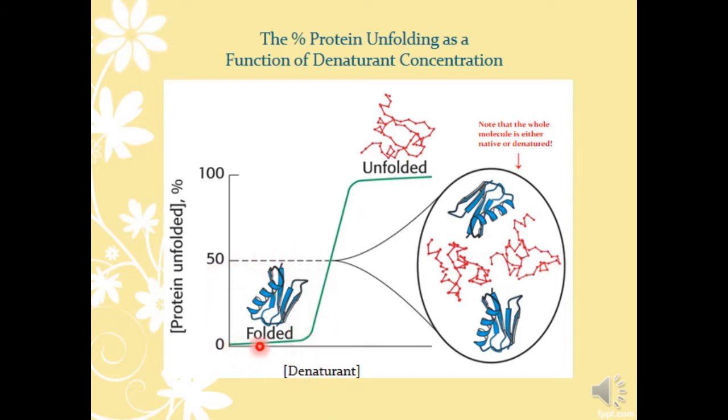When the concentration of denaturant is increased, the percentage of unfolding protein increases too. Initially it is quite packed due to the folding structure of the protein, for example quaternary, so it becomes unfolded as the denaturant concentration is increased.